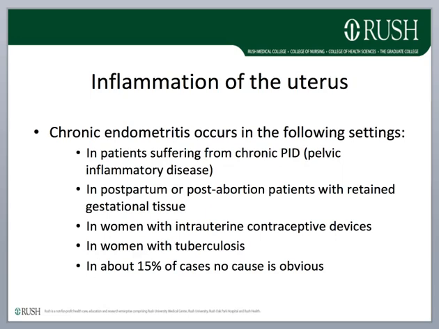Chronic endometritis occurs in the following settings: in patients with chronic pelvic inflammatory disease, in postpartum or post-abortion patients with retained gestational tissues, in women with intrauterine contraceptive devices, and in tuberculosis, but in about 15% of cases there's no obvious cause.